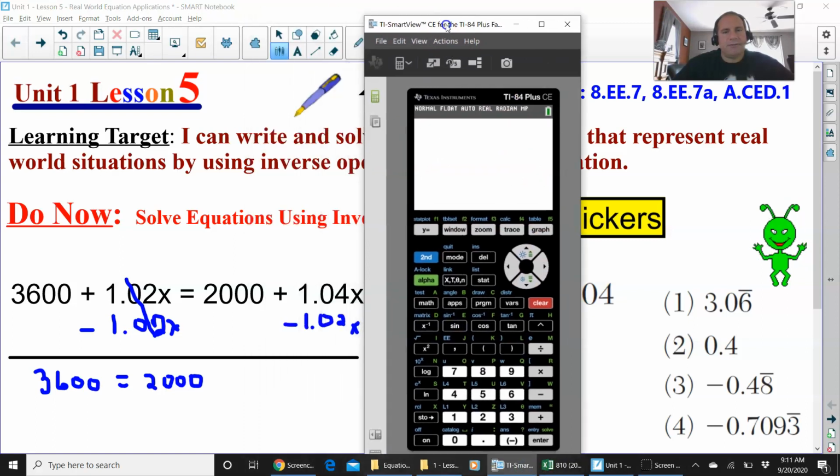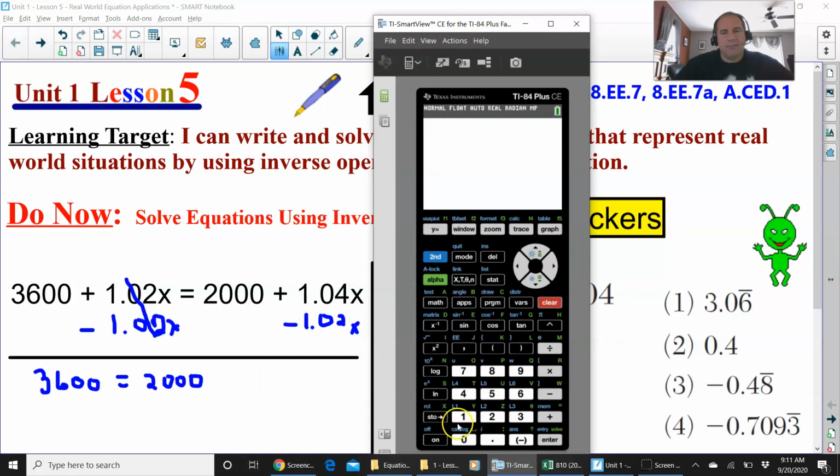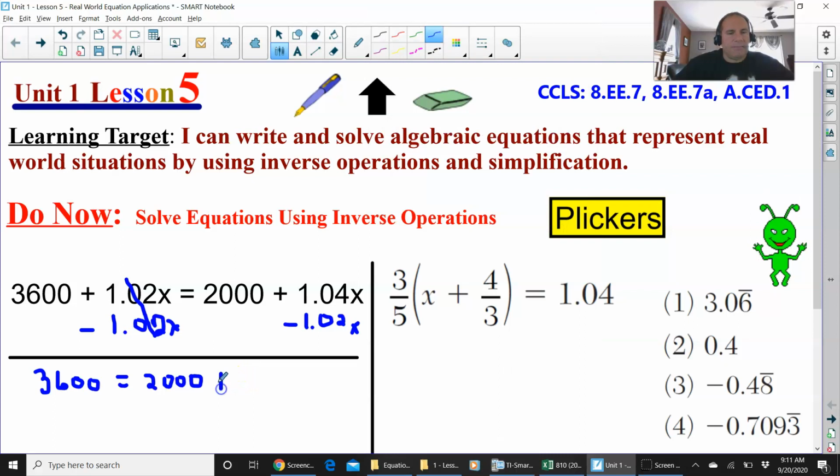And we're going to put 1.04 minus 1.02, and that should be 0.02. So it's a plus.